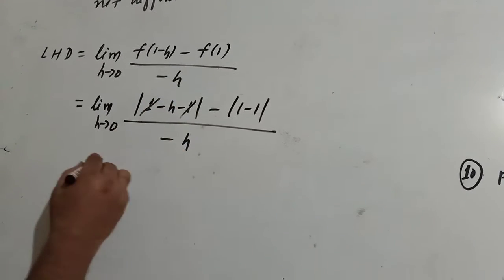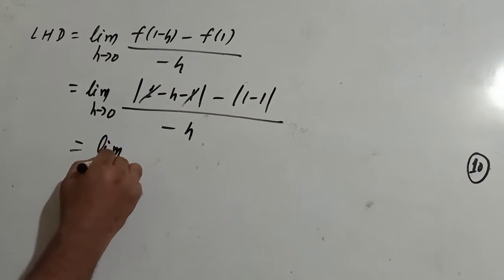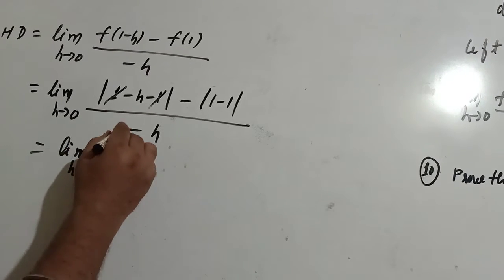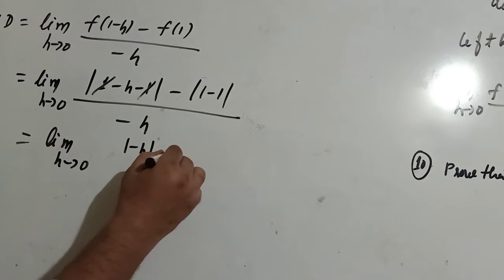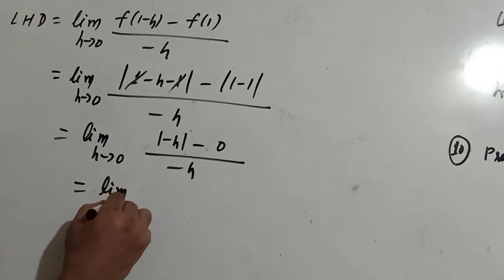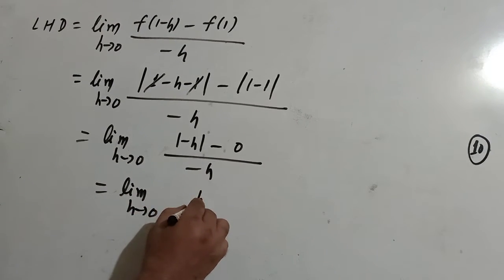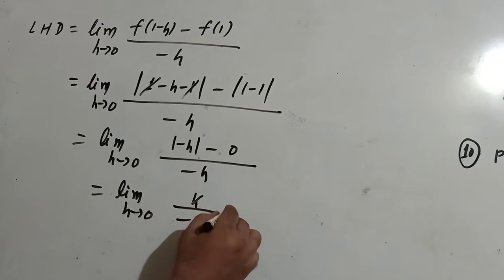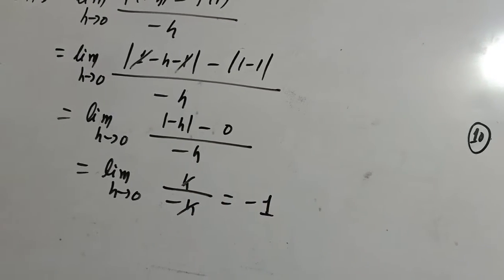This 1 cancelled. So limit h tends to 0, you are getting mod minus h minus 0 upon minus h. Because of mod, this will become plus h. h upon minus h cancelled. Finally, it is minus 1.